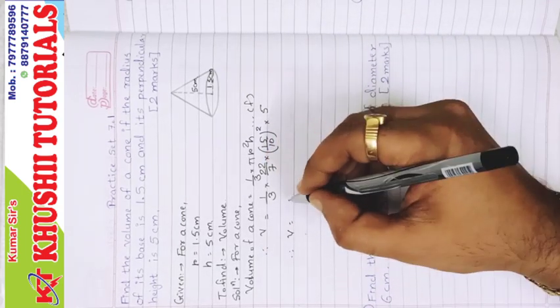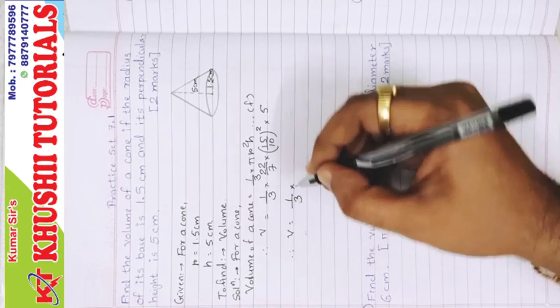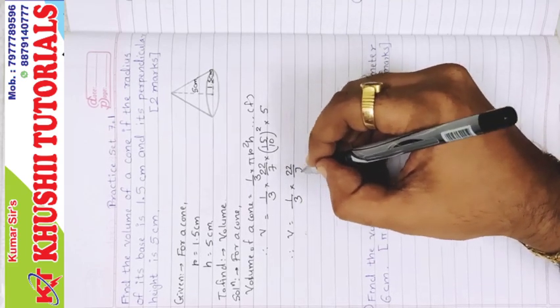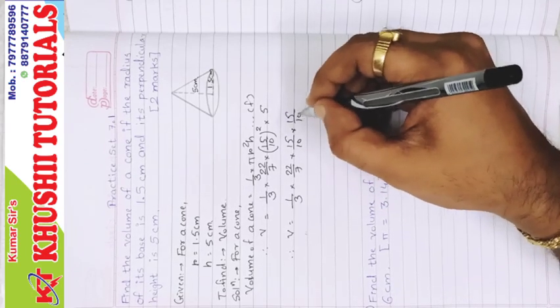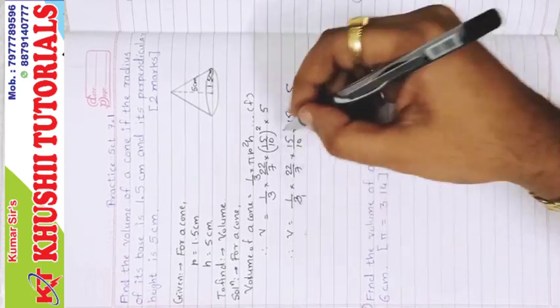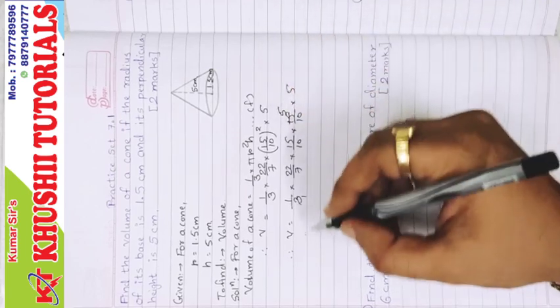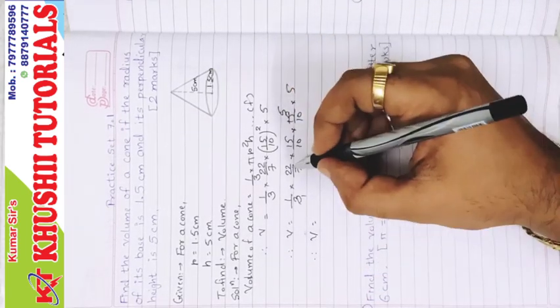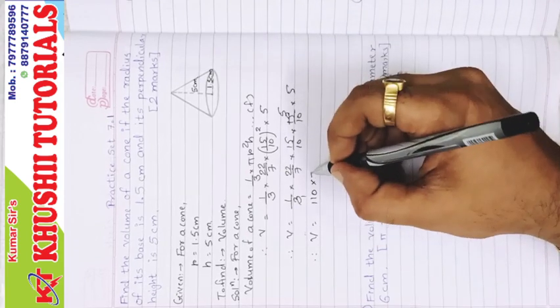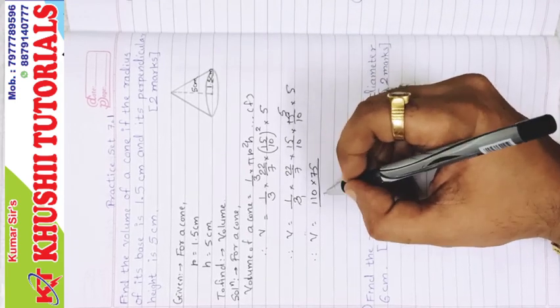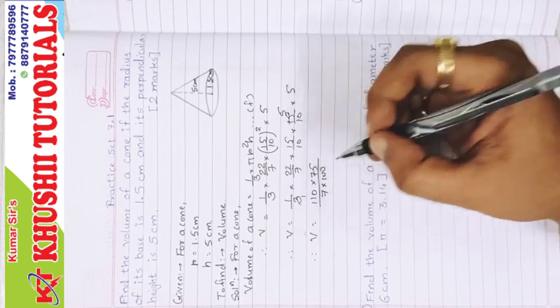So V equal to 1/3 into 22/7 into 15/10 into 15/10 into 5. 3 ones are 3, 5 3s are 15, so 3 ones are 3, 5 5s are 25... 22 5s are 110. 15 5s are 75 upon 7 into 100.